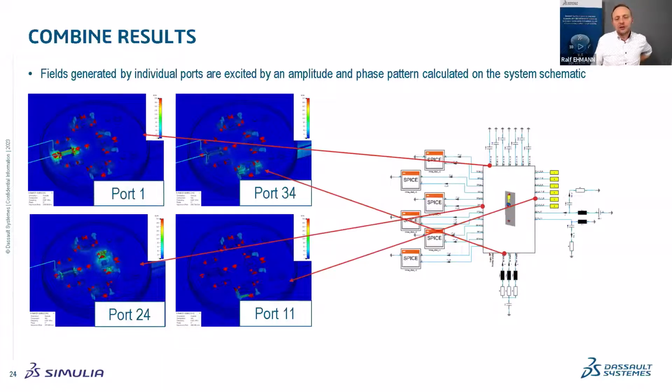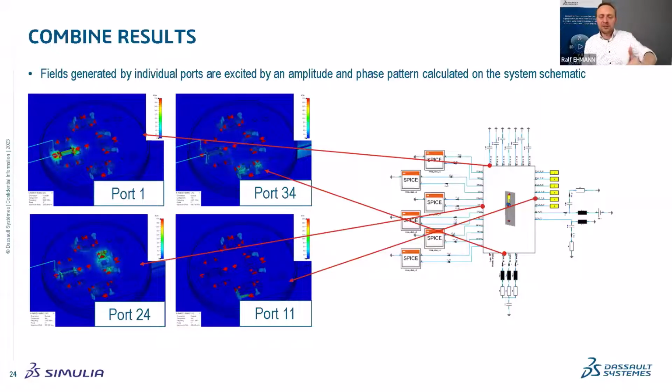So the 3D solver calculates these individual fields, then the circuit simulation with the PWM signal is applied. And after the circuit simulation with the PWM signal has finished, we know what the individual spectra are at every one of these ports. And then the spectra at every one of the ports are taken, and via linear superposition, they are combined. That's why it's called combined results.